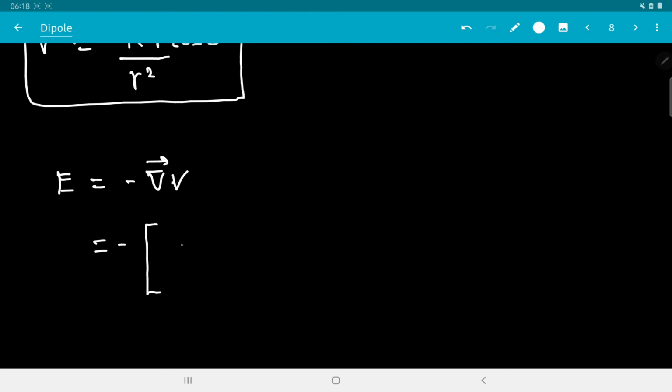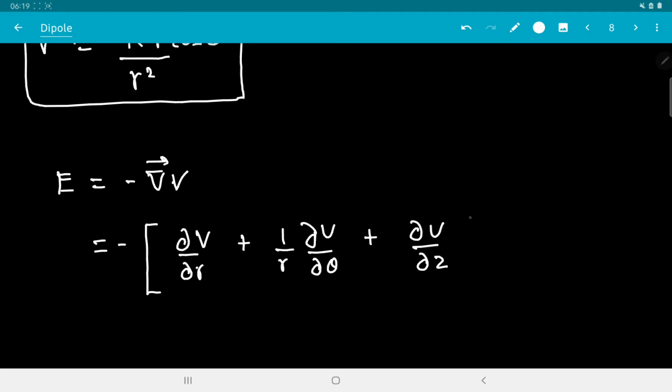We will have del by del r of V. I am using the cylindrical coordinate system because here we have considered r and theta, plus 1 by r, again we have del V by del theta plus del V by del z.